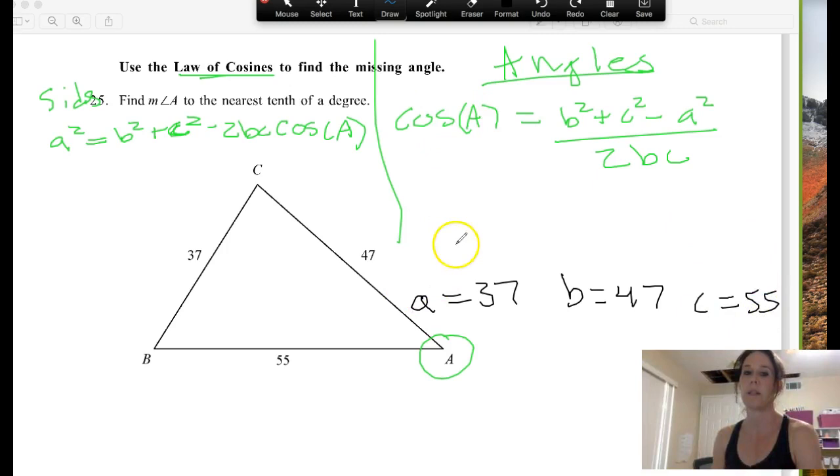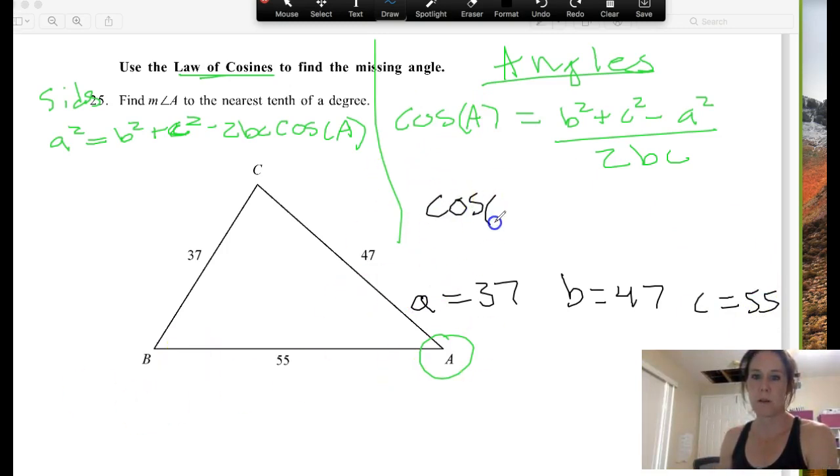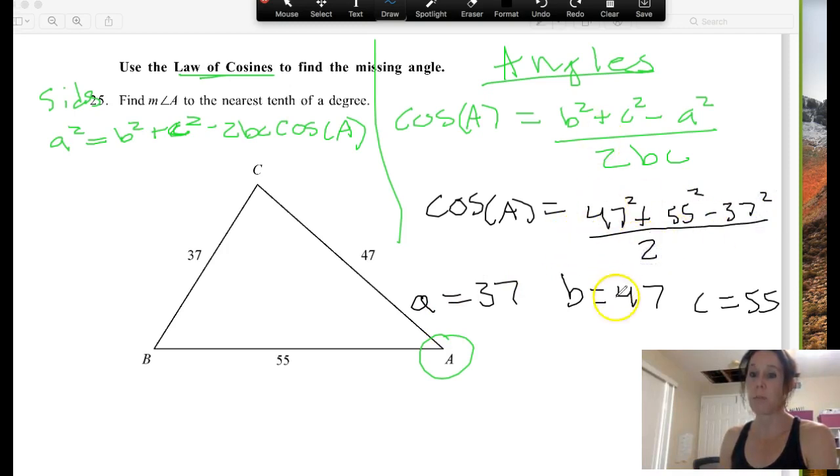So this will look like this: cosine of A equals B squared, 47 squared, plus C squared, 55 squared, minus A squared, 37 squared, all over 2 times B, which is 47, times C, which is 55.